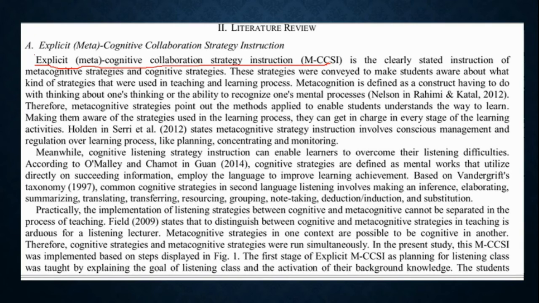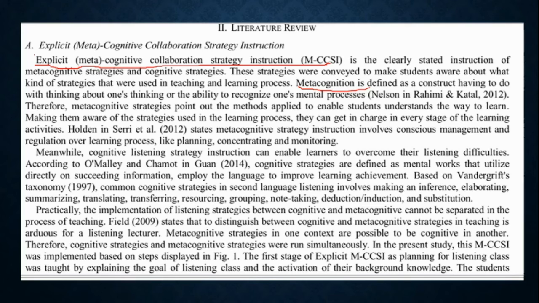Then from the literature review, this is the body of the literature review, I synthesize from other researchers dealing with metacognition itself. Okay, part 1 is metacognition, defined from other sources as a construct having to do with thinking about one's thinking.